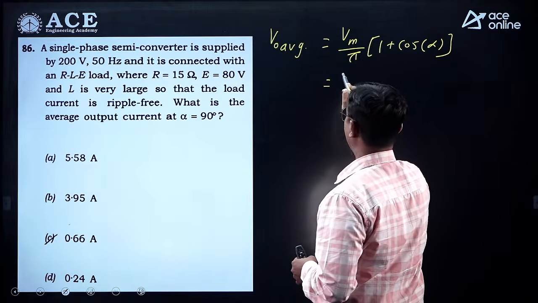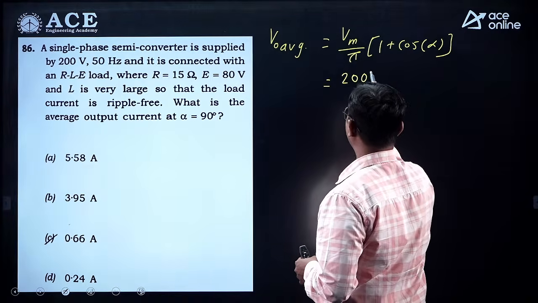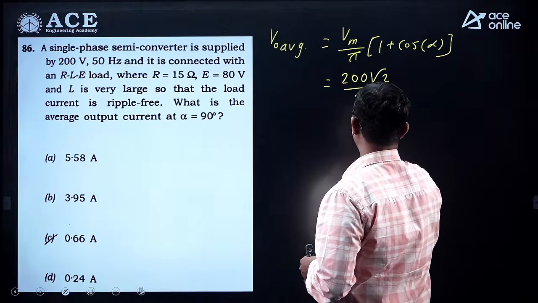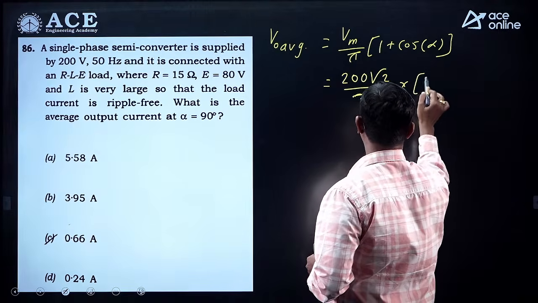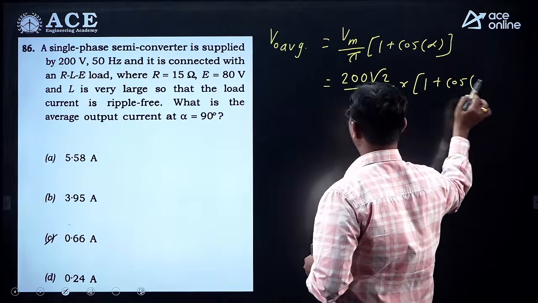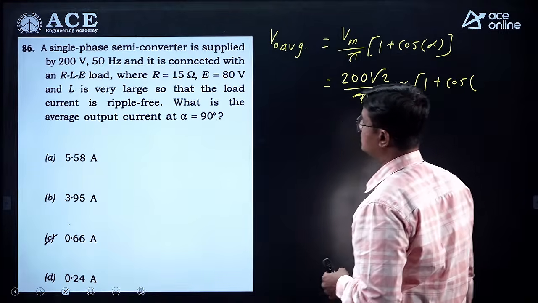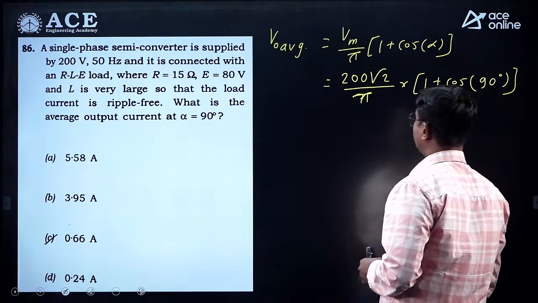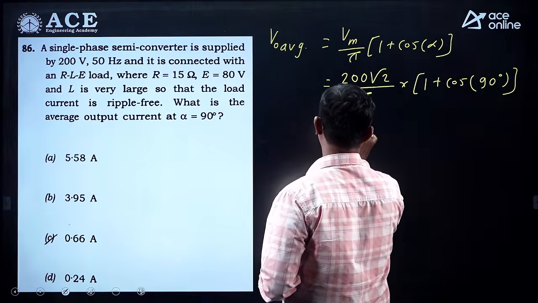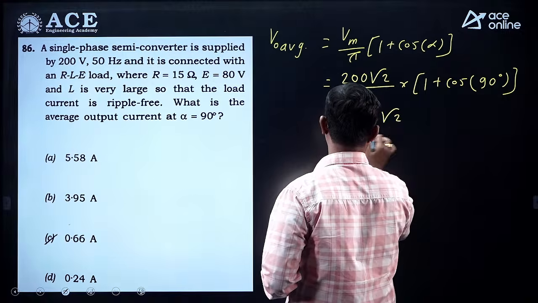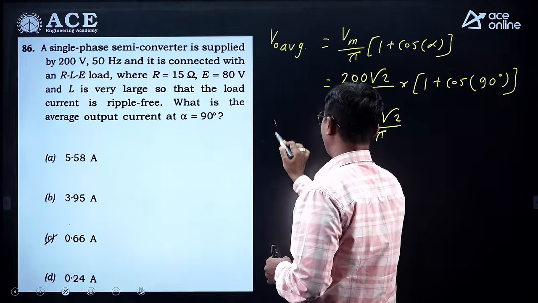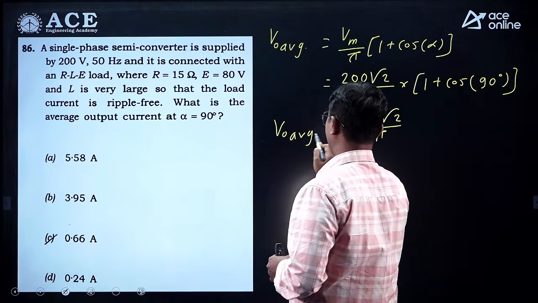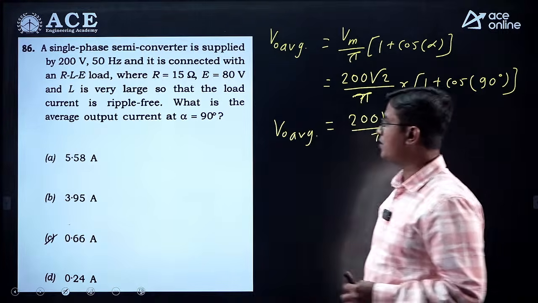So Vm is 200 root 2 upon pi into 1 plus cos of alpha. Alpha is 90 degree, and cos 90 is 0, so you will get 200 into root 2 upon pi. This is my V0 average. Now what is I0 average?